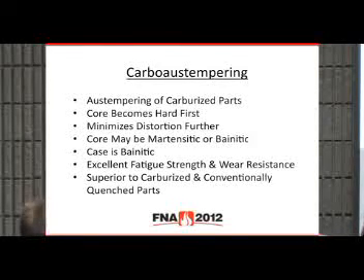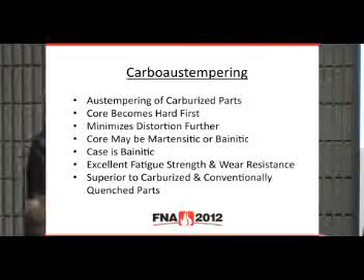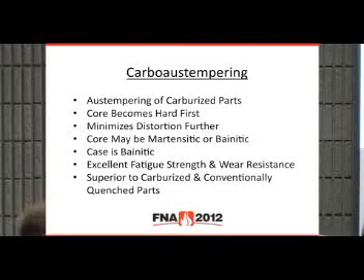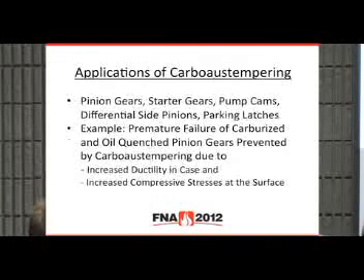The core may be martensitic or bainitic depending upon the steel composition and the quench severity, but the case is essentially bainitic. It provides excellent fatigue strength and wear resistance, and it is superior to carburized and conventionally quenched parts.